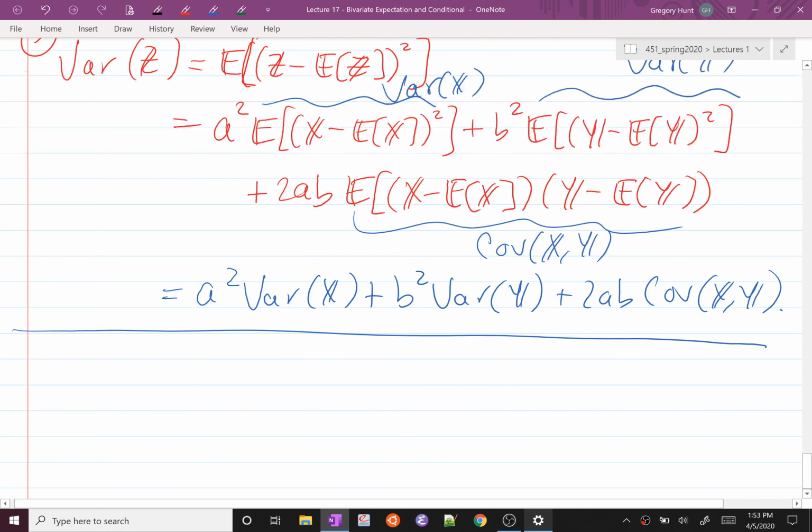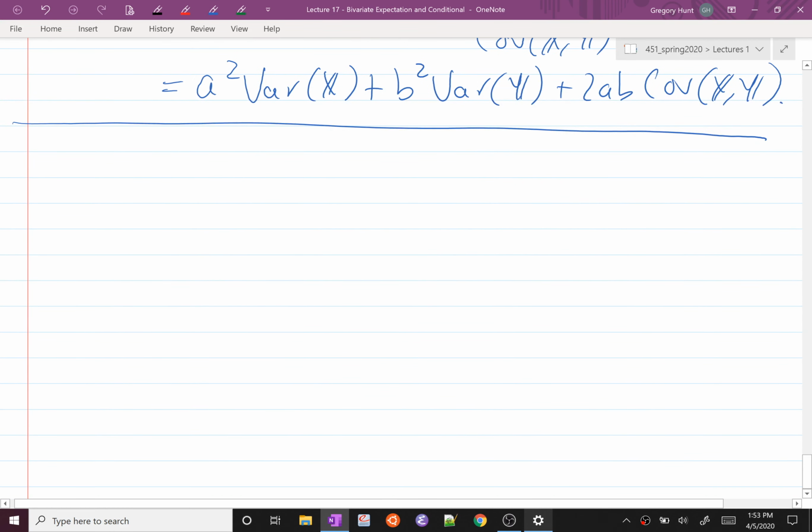So what are some other facts? That's a fact about variance. What about covariance? Theorem.